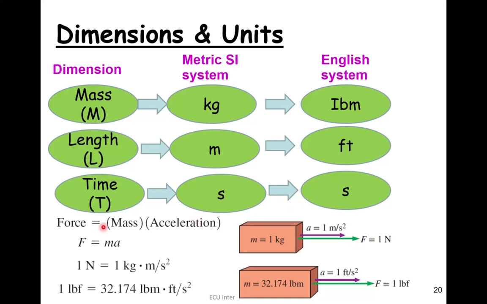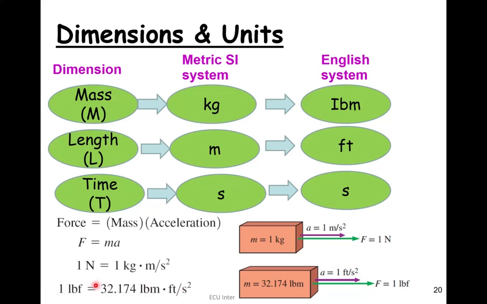Okay, now consider force is mass times acceleration. In that case, you can see we show Newton's second law: mass is in kilogram, and acceleration is basically velocity over time, which we call meter per square second. And then 1 pound force is basically 32.17 pound mass feet per square second.